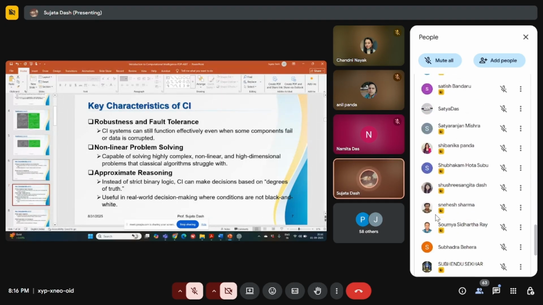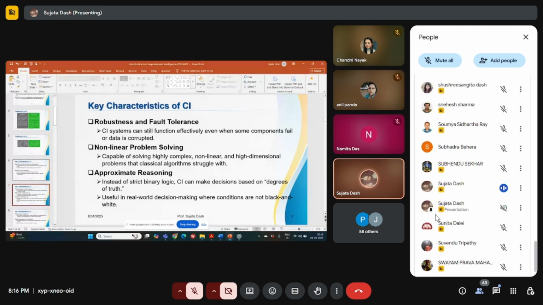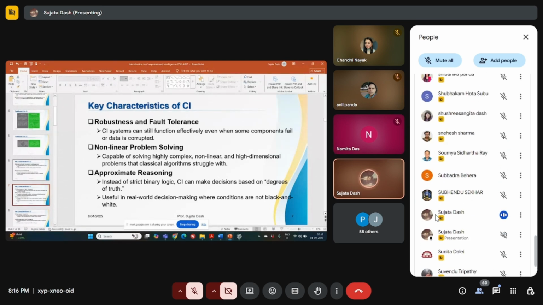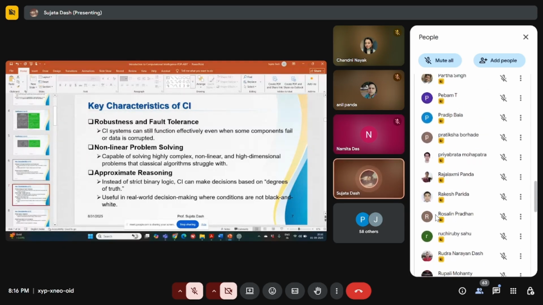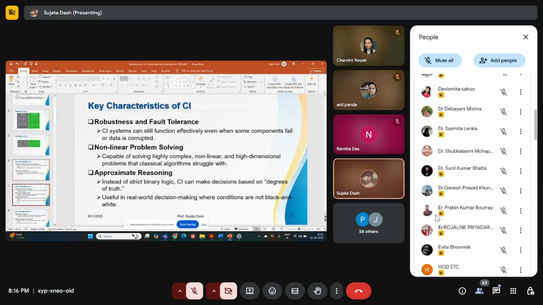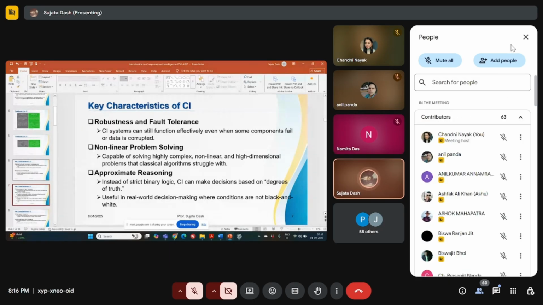With fuzzy logic, it can say the temperature is somewhat warm and adjust the cooling smoothly. This is extremely valuable in human like decision making, where situations are not always black or white. So, CI can make practical human like decisions in uncertain situations instead of demanding exact answers.